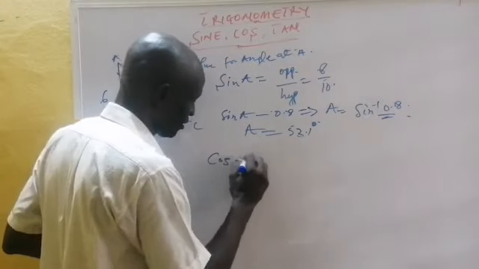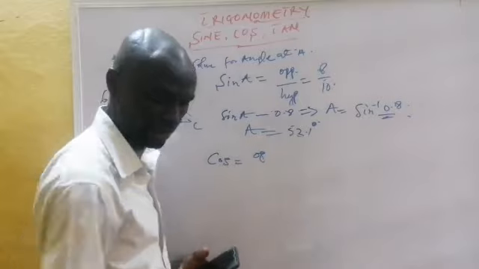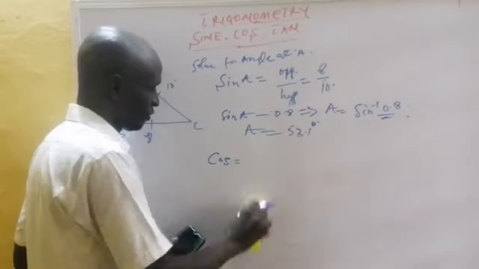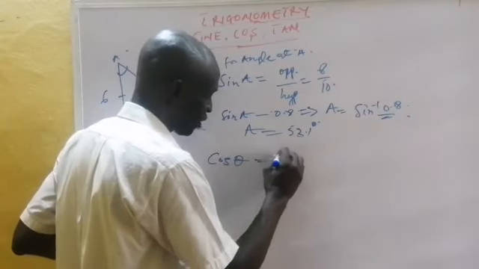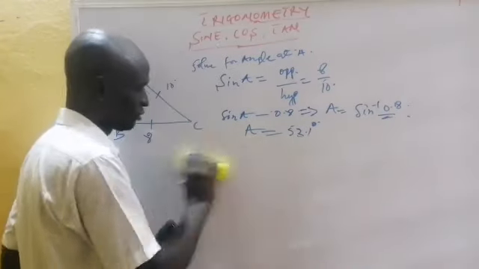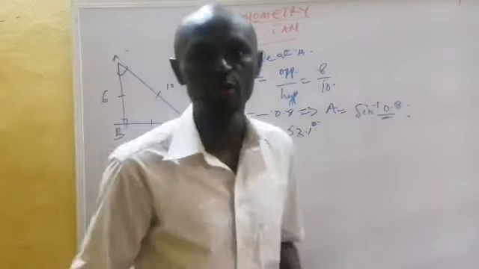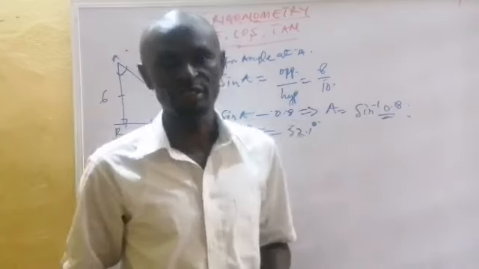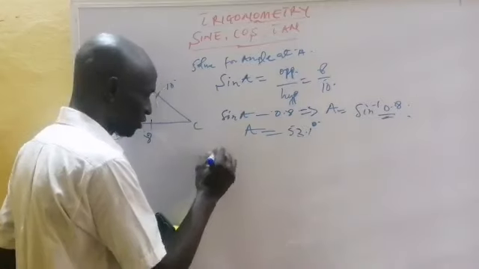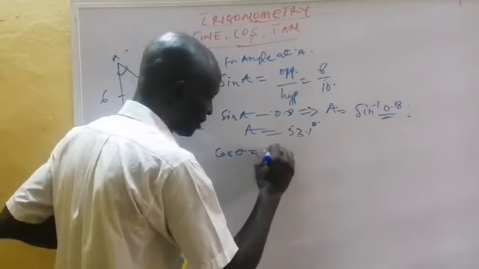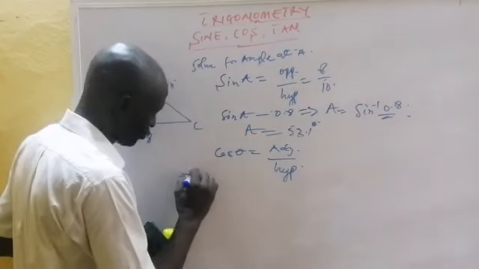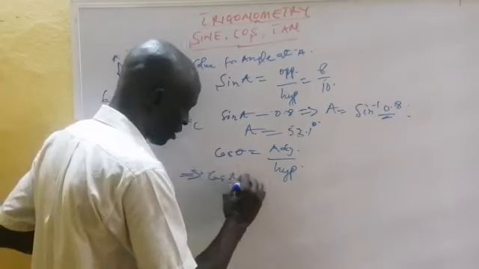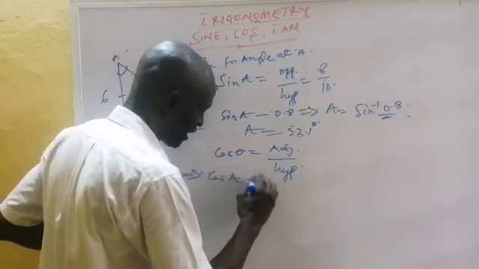If we decide to go by the route of using cos A, cosine of theta is the same thing as adjacent over hypotenuse. So that cos A will be equal to 6 over 10.